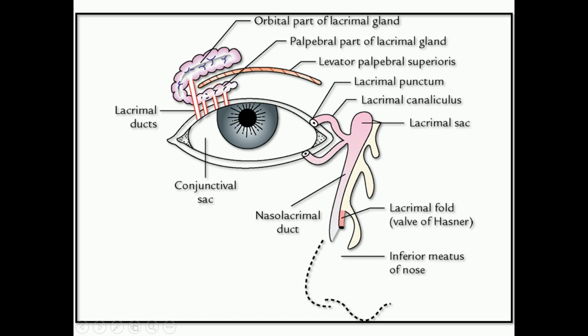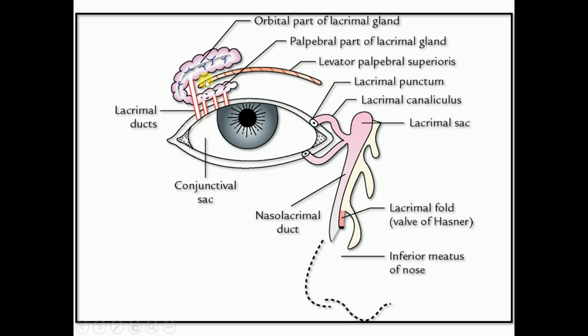The lacrimal gland has multiple ducts through which its secretion comes out: about 4 or 5 ducts in the orbital part and about 6 to 8 small ducts in the palpebral part.